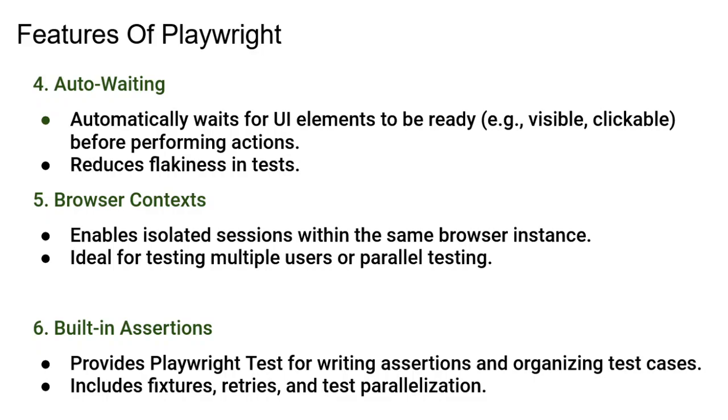It enables isolated sessions within the same browser instance, ideal for testing multiple users or parallel testing. And Playwright also provides built-in assertions for writing various types of test cases and organizing the test cases as well. Along with that, Playwright also includes fixtures, retries mechanism, and test parallelization as well.